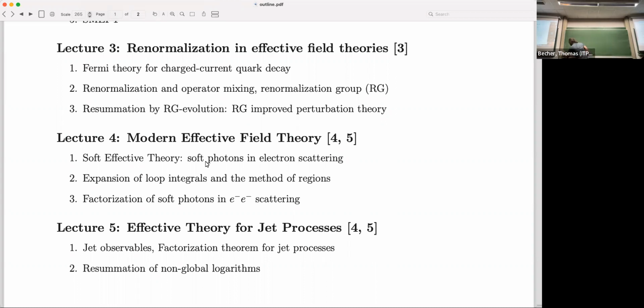One is sort of top-down Wilsonian effective field theory, and the other one is bottom-up. And I want to briefly discuss this Wilsonian effective theory, even though we will not be using it for reasons that will become clear.